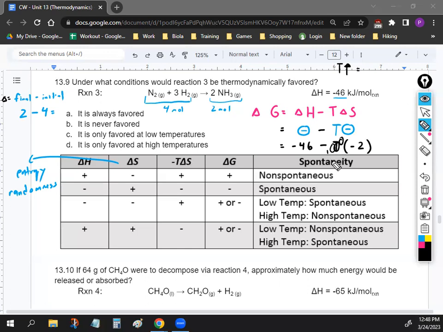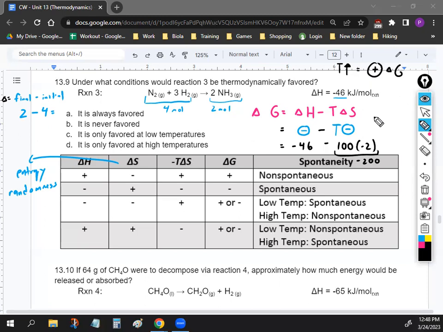If T is 1,000, is G going to end up negative or positive? It's going to be positive because if you take a look at T, so let's plug in 1,000 for T, or let's do 100. We can just do it with 100. Okay, so -2 times 100 is going to end up becoming -200. -46 minus -200 is positive. So -46 plus 200 means that we'll have a positive delta G.